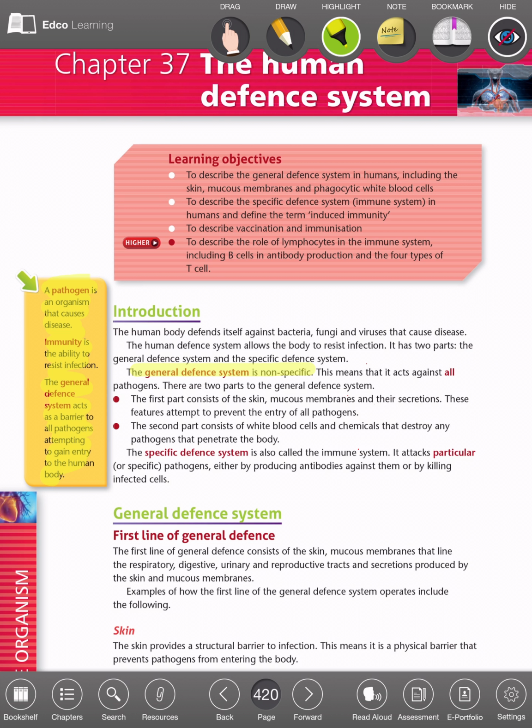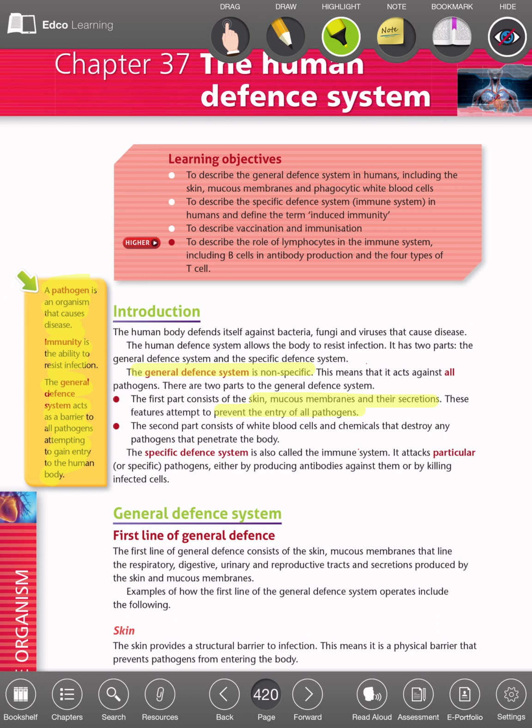Number one, this is the skin, mucous membranes and other secretions of the skin, such as oil and sebum. And these features attempt to prevent the entry of the pathogens. So that's like the physical barriers that exist in order to stop things from getting in. And the second part consists of white blood cells and chemicals that destroy any pathogens that penetrate the body.